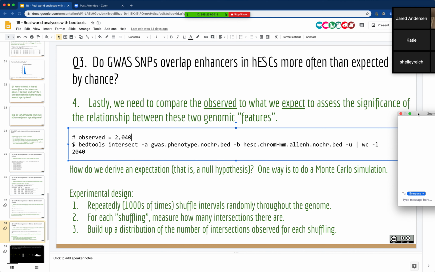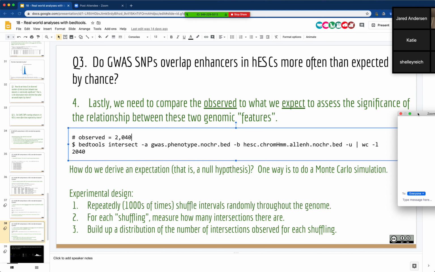It gets at the notion that to develop an expectation, we really need to assess how likely the observation that we made is by chance. And in genomics, the standard way to do a Monte Carlo simulation to derive this null hypothesis, the expectation, is to randomize or shuffle the locations of the intervals many thousands of times.